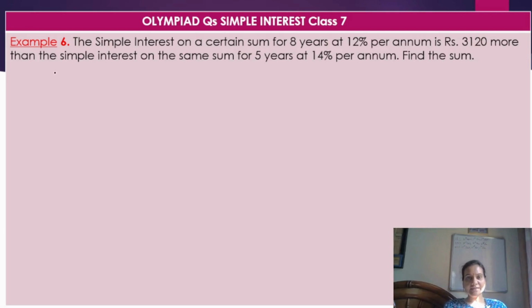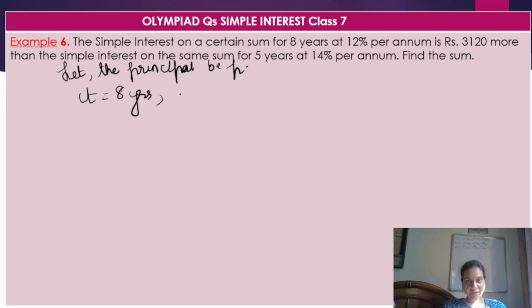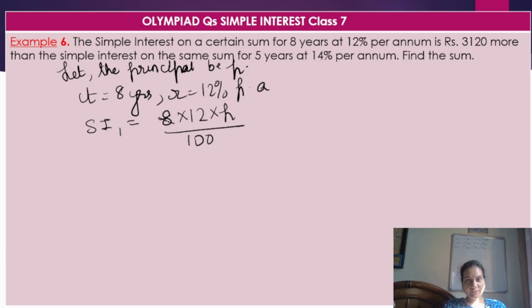So in this case let that principal, which is the same, be P, because we are talking about principal, we are trying to find out the principal, so let that be P. I will invest this P here for the time period that is 8 years and rate of interest that is 12% per annum. So how much will its simple interest be? Let me write simple interest SI1. So it will be 8 into 12 into principal by 100. So if you see, I remove this, 4 2s are 8, and here also cancel out to make 25.